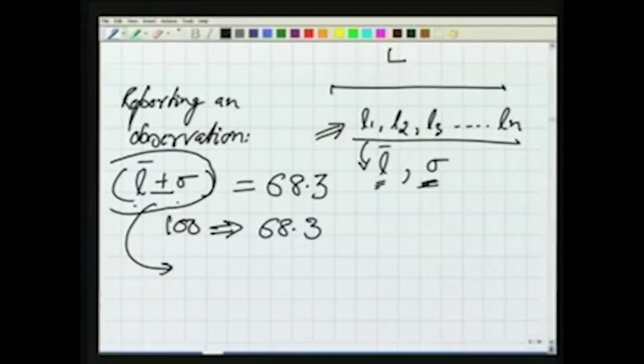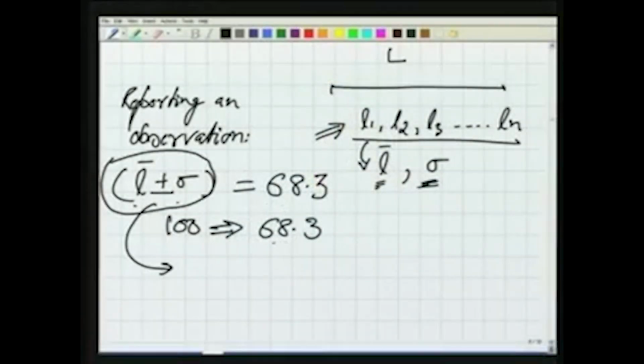So, if I am reporting my measurement like this, the meaning is, if I take 1000 observations, and the observations have only the random error, 683 observations out of 1000 will be within plus minus 1 sigma of that. So, it gives you a kind of confidence about your values.